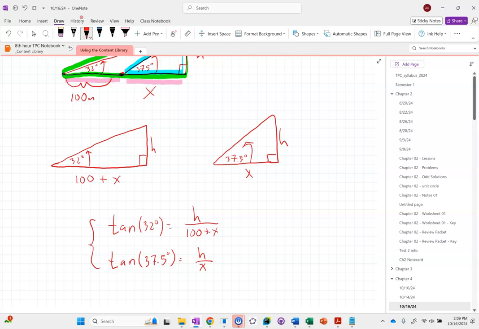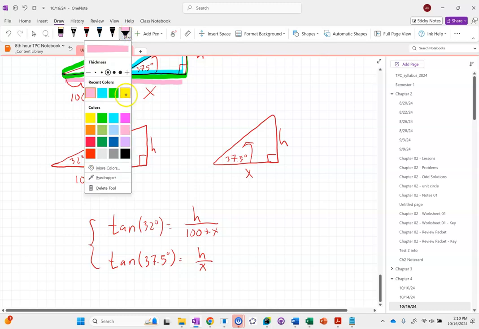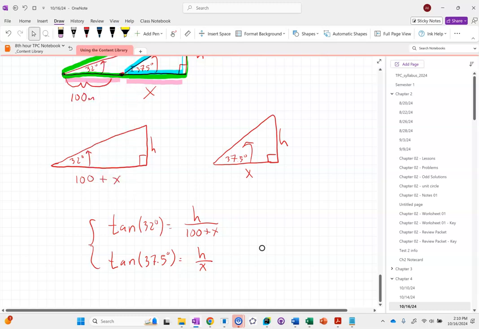If I'd like to solve this algebraically, my two techniques for algebraic solving of a system are substitution and elimination. My choice here would be to use substitution. So what I want to do is get one of these variables in one of the equations by itself so I can substitute it into the other.